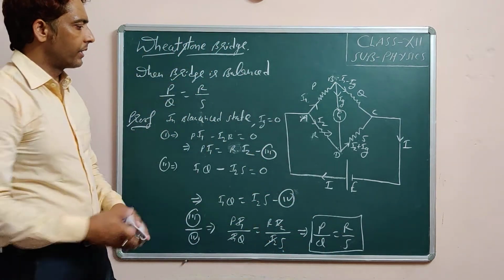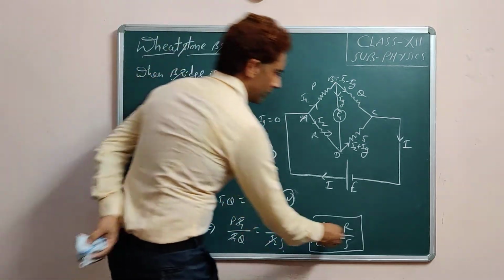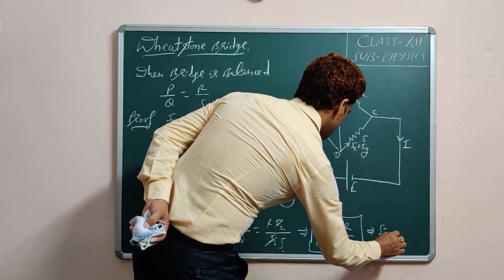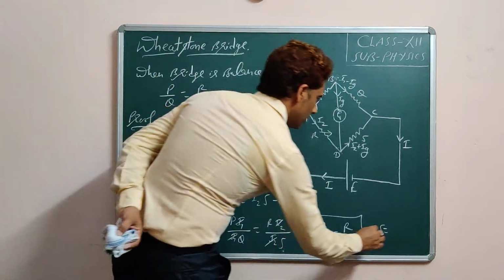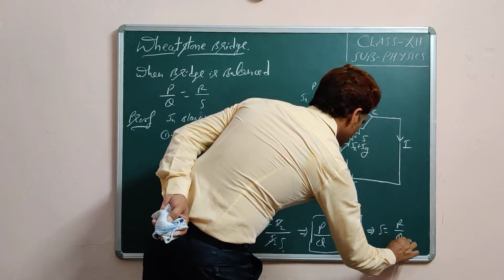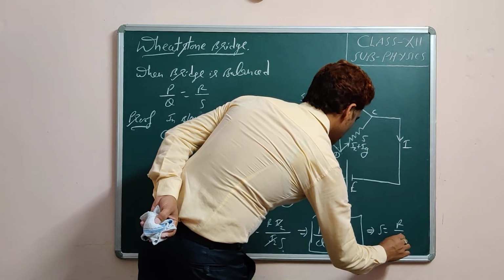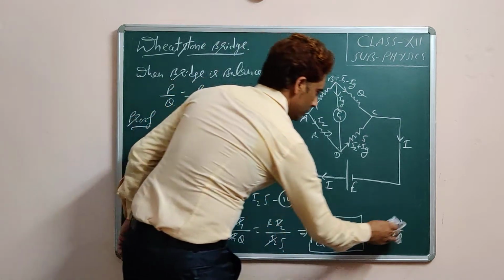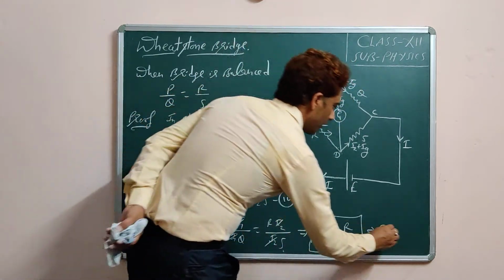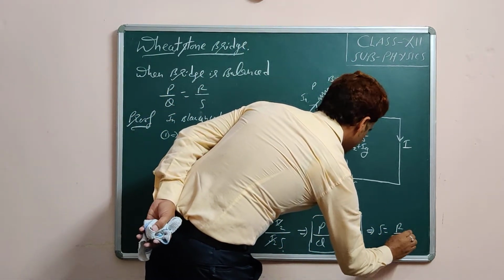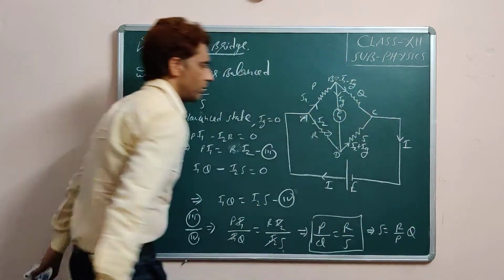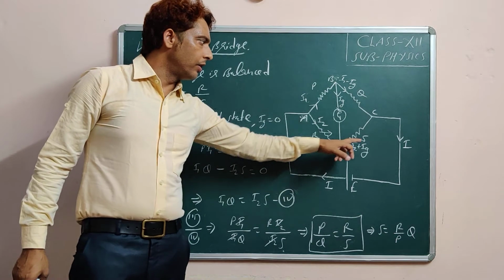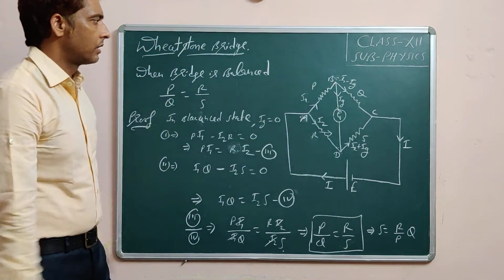Now from this we can write the value of S. So this implies S is equal to R over P into Q. So in this way, using this Wheatstone bridge principle, we can find the value of unknown resistance.